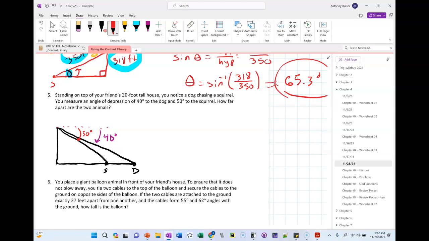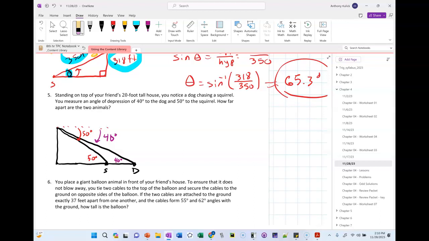The place where you don't want to put it is in that corner. Nothing ever goes in that corner. It's always relative to a horizontal. Everybody's okay?